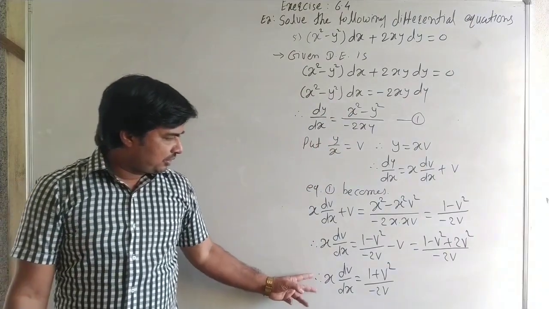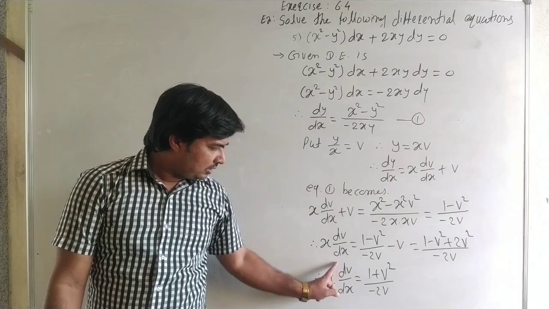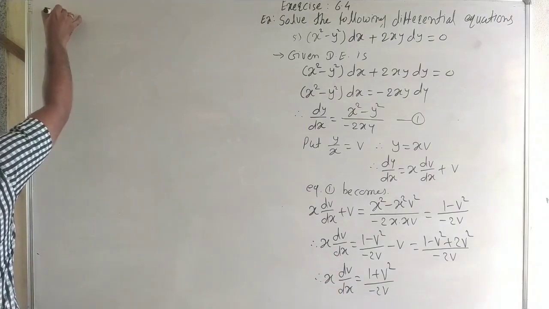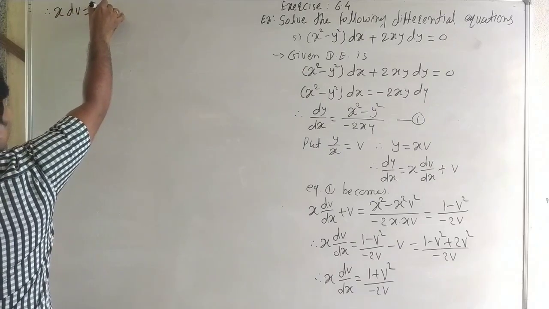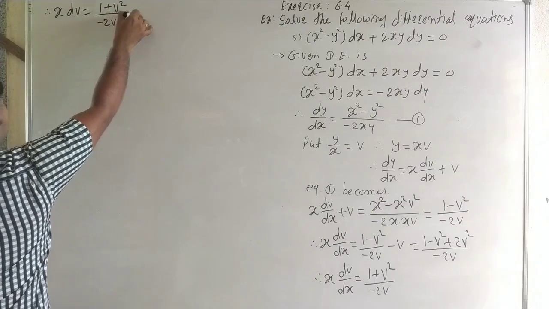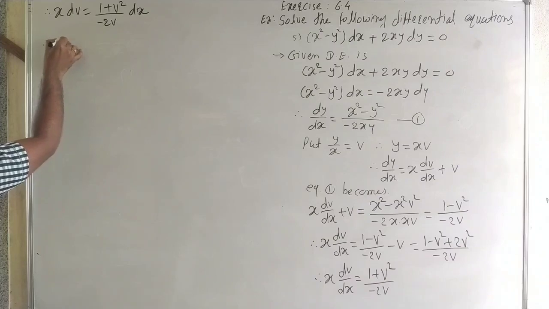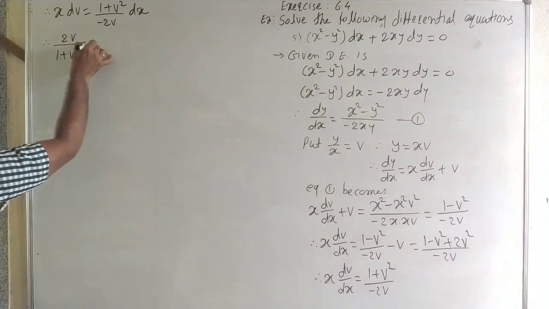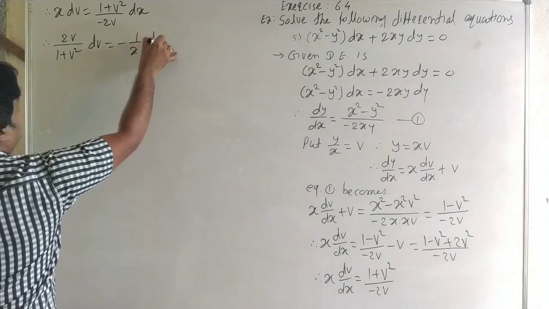Now this differential equation is in the form of variable separable. Now first separate the differential coefficients. Therefore you can write x dv is equal to 1 plus v square upon minus 2v dx. Then 2v upon 1 plus v square dv is equal to minus 1 by x dx.